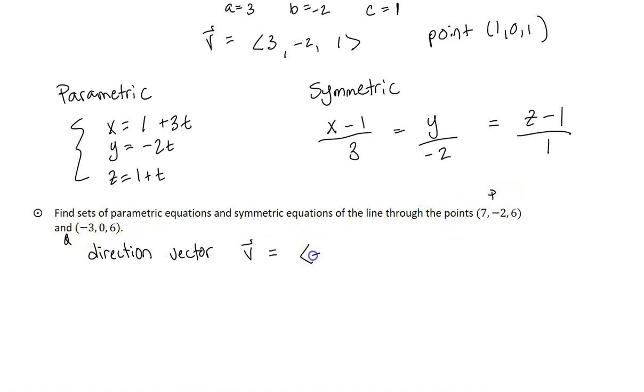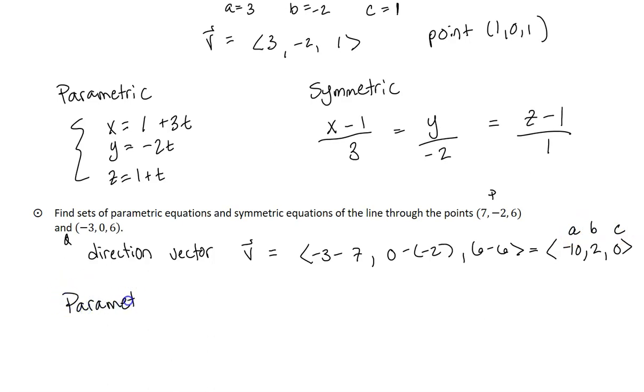So I'll have negative 3 minus 7, 0 minus negative 2, and 6 minus 6, which will give me <-10, 2, 0>. So this is my a, b, and c. For my parametric equations, remember you can use either point you want to.